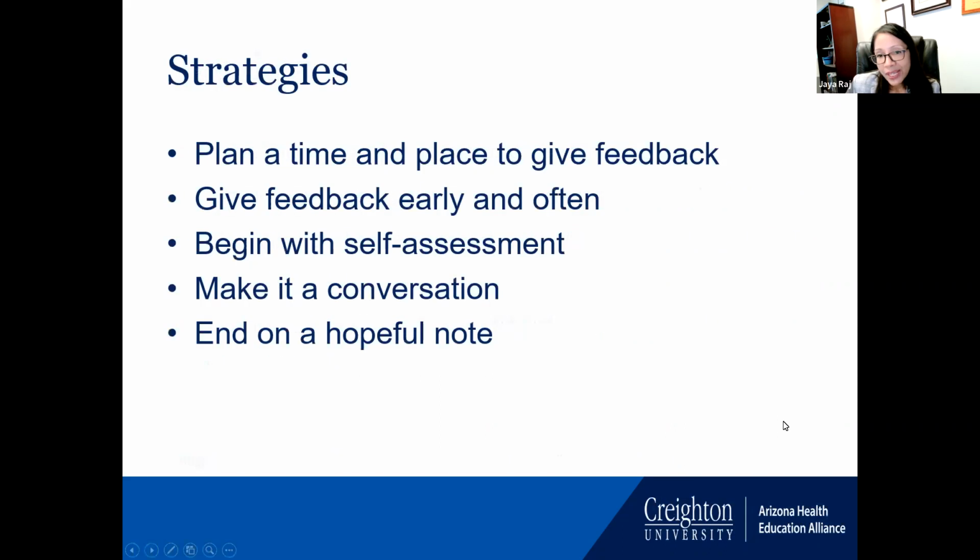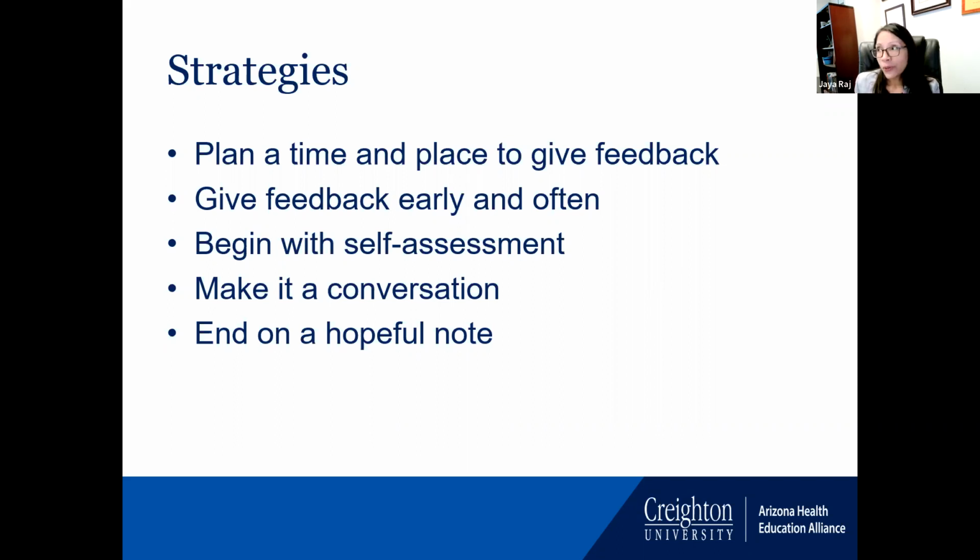And so again, some strategies. For the time crunch issue, planning a time and place. So, trying to anticipate when might be a good day to set aside some time, and also anticipating how much time you might need. If you know you're going to be short on time, you could plan to just give feedback on one specific thing or one specific interaction.